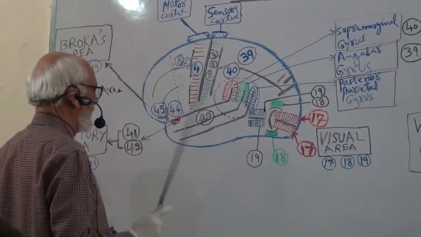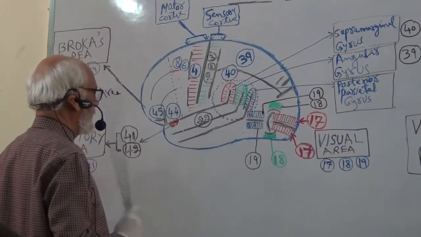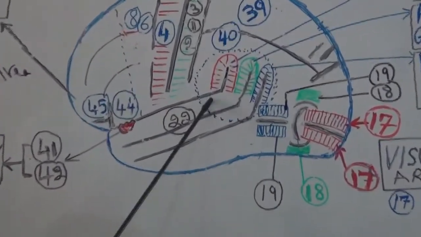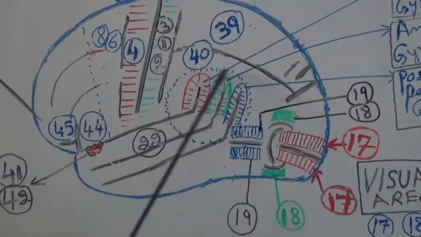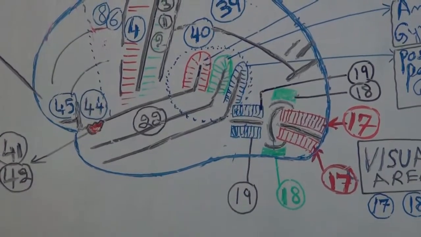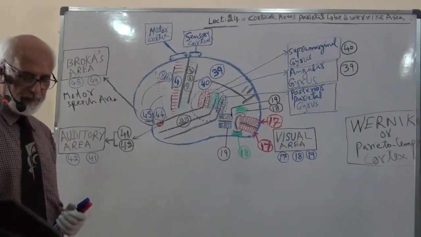Then the middle and inferior temporal gyri are also there, structurally and functionally the same as area number 22. Their posterior parts of the superior, middle and inferior temporal gyri are included in this Wernicke's area, which is in the parietal temporal part of the cerebral cortex.